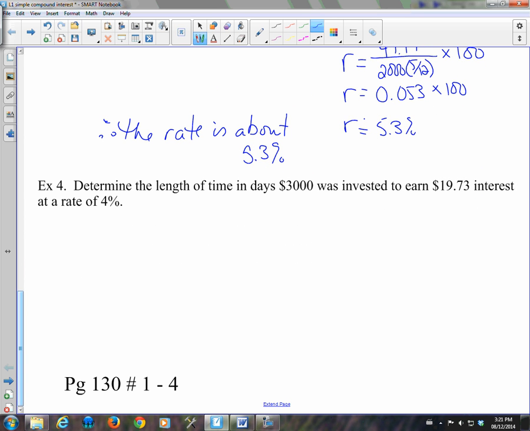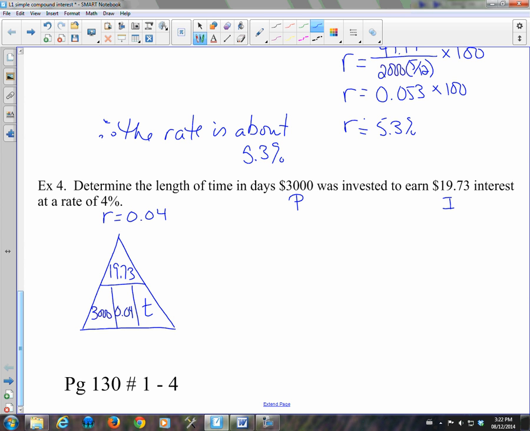All right, last one. Determine the length of time in days $3,000 was invested to earn that much interest at a rate of 4% or 0.04. So if I use my triangle, my interest is $19.73. My principal is $3,000 and my rate is 0.04. And I have to figure out the time in days.